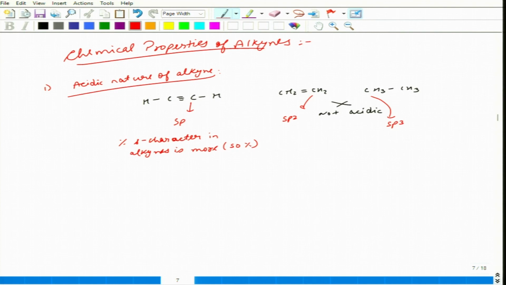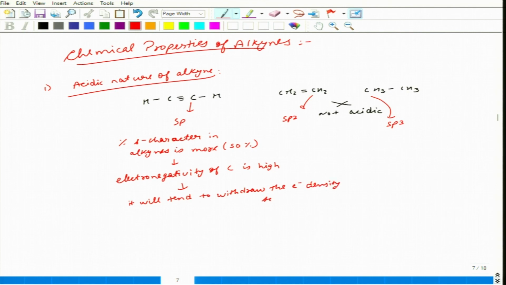Due to this, the electronegativity of the carbon increases, and if the electronegativity of carbon is high, it will tend to withdraw the electron density towards itself. So it abstracts the electron density of the C-H bond towards itself.